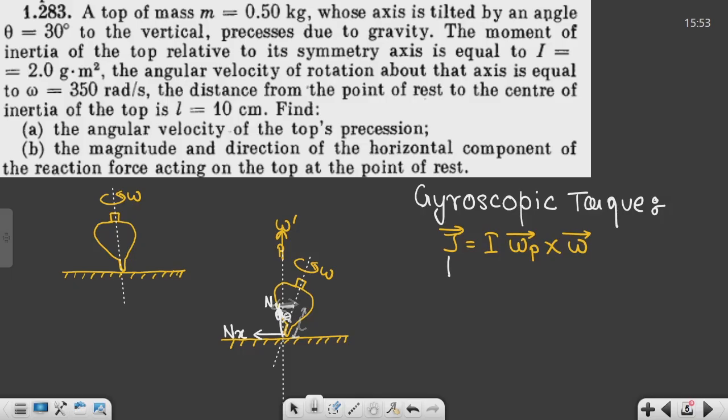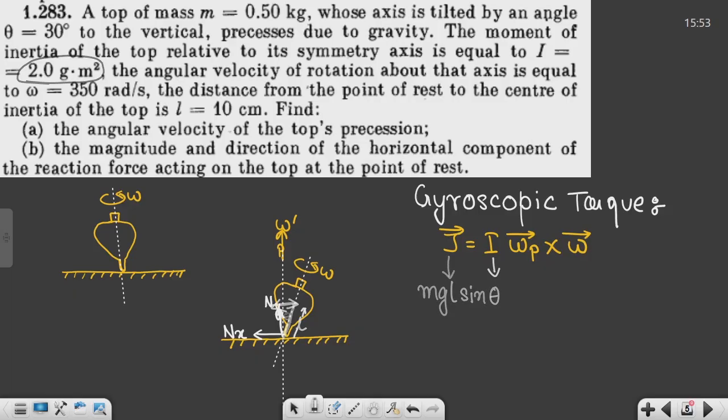So torque would be mgl sine theta. Understood? Moment of inertia is already given as I, the moment of inertia of the top about the symmetric axis.